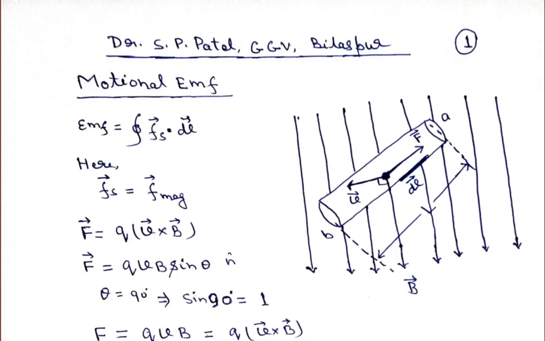The basic principle of motional EMF is that if you have a wire or a circuit, and you apply a uniform magnetic field, and in that field the wire is moving or rotating, whatever kind of motion, then an electromotive force is generated within the circuit. So this is the new concept I am building up now.